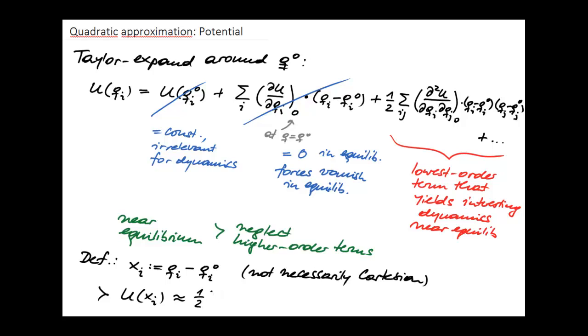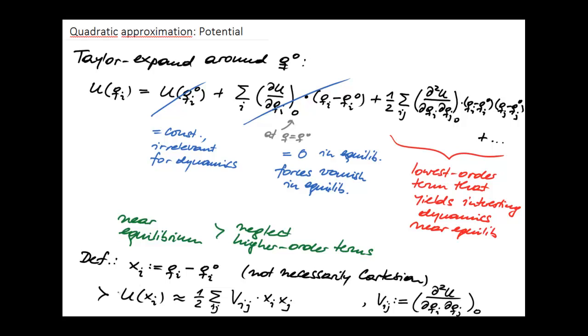It's 1/2 sum over ij, and then I introduce a coefficient matrix Vij, whose components are defined as the second order partial derivatives of the potential with respect to qi and qj at the equilibrium configuration times xi xj.